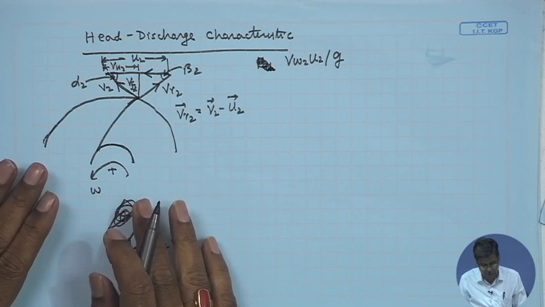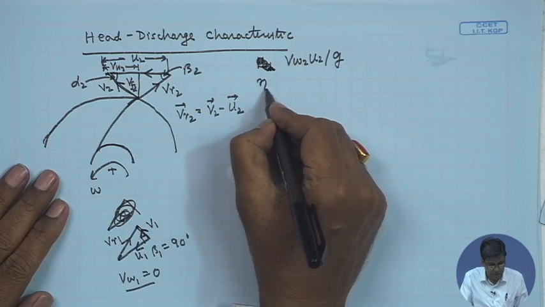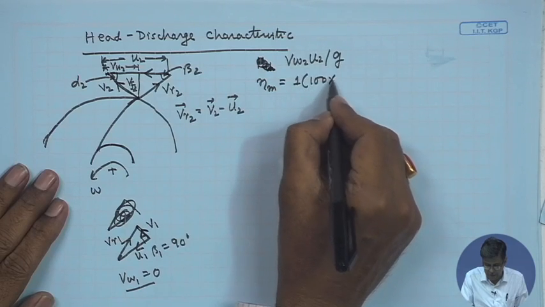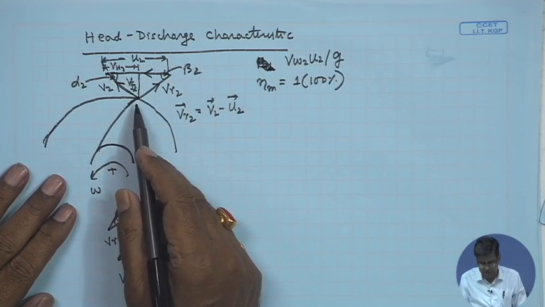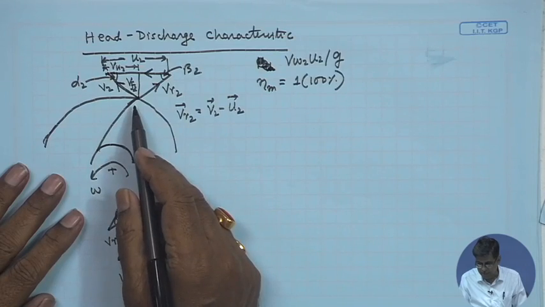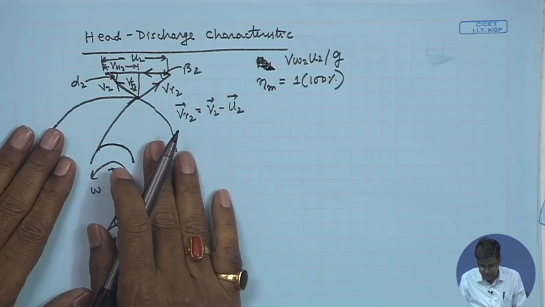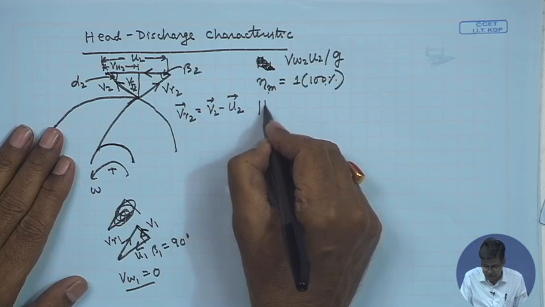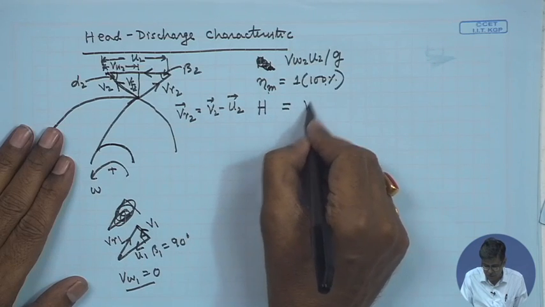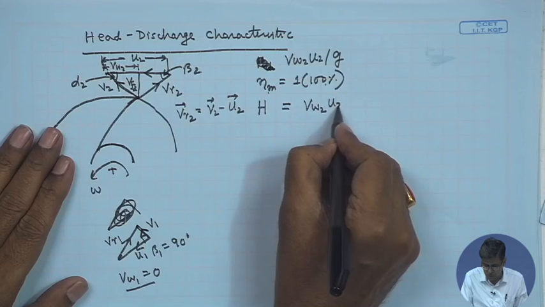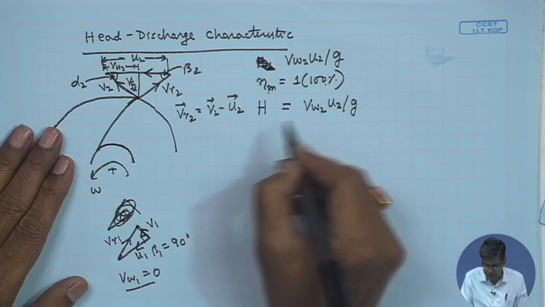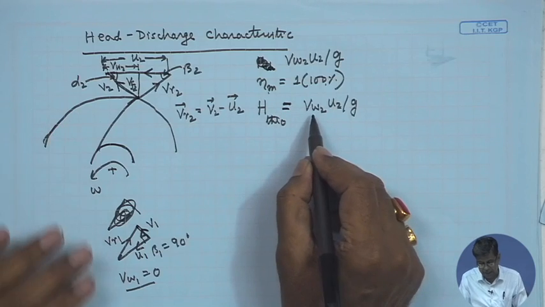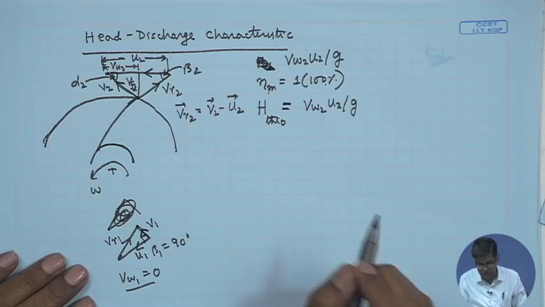Now, if we consider the manometric efficiency eta m to be 1, that is 100%, meaning we neglect the losses due to viscous dissipation, then the head developed by the pump equals Vw2 U2 by g, and this is termed as theoretical head. So, therefore, theoretical head is Vw2 U2 by g.